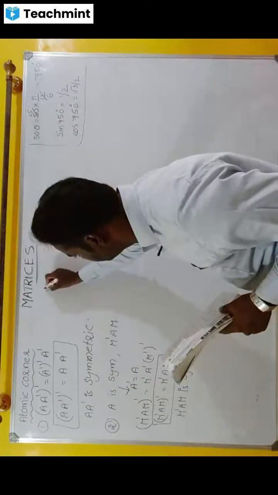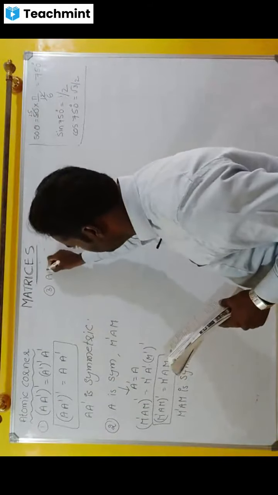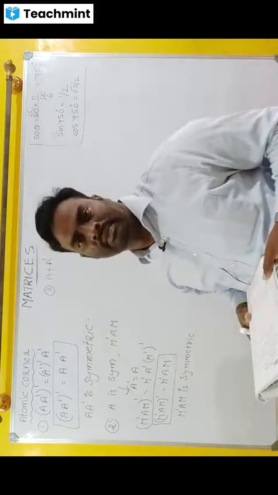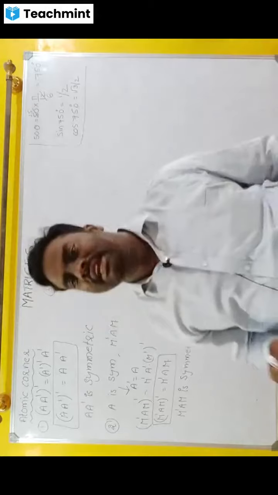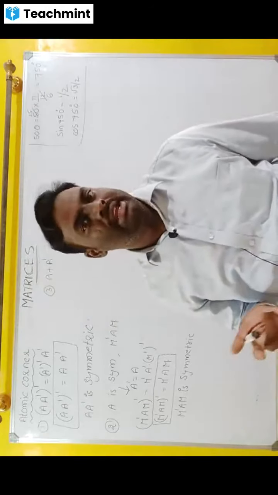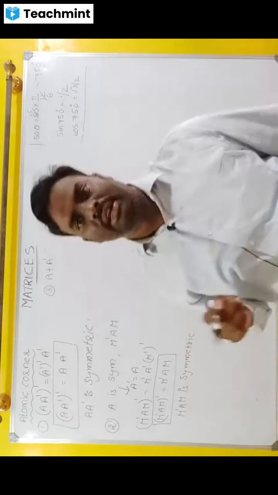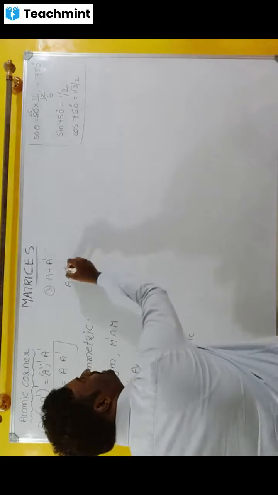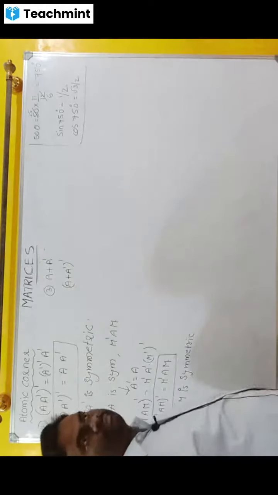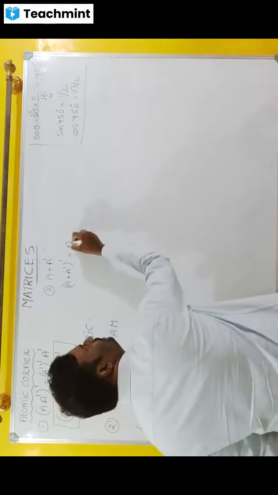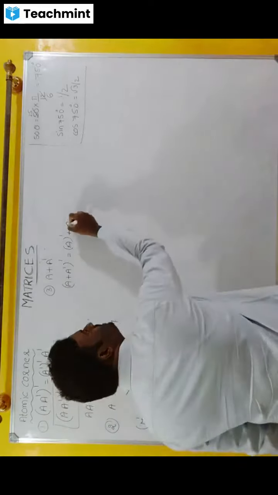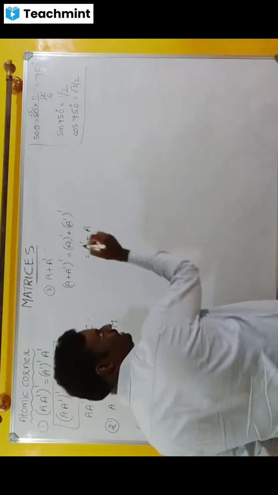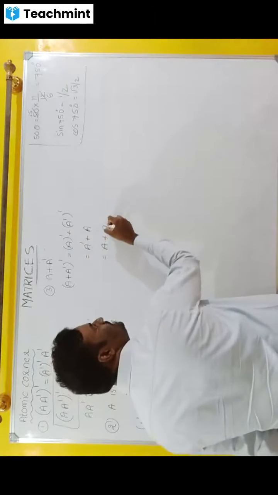Third question. Same method. A plus A dash is which type of matrix? Already in the synopsis we discussed that A plus A dash is symmetric and A minus A dash is skew symmetric. We'll prove how. Now finding A plus A dash whole dash, that equals A dash plus A dash whole dash, that equals A dash plus A. This can be written as A plus A dash.